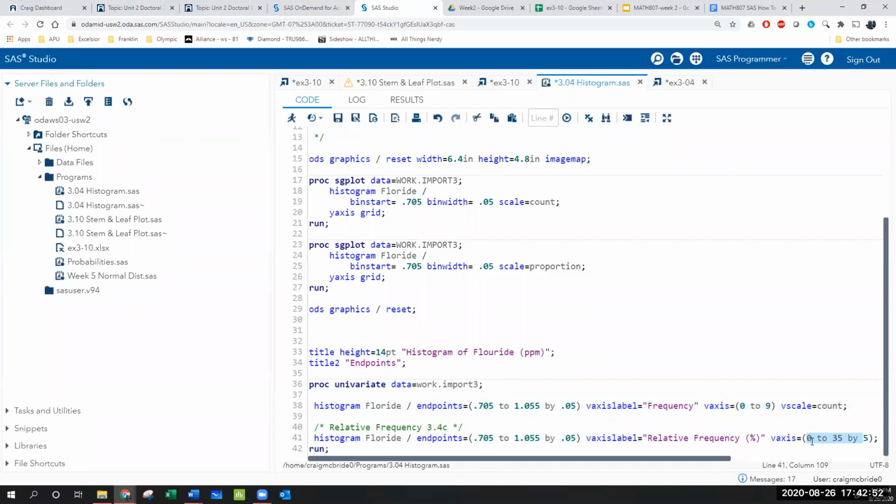I mean, the reason why she made the vertical axis go from 0 to 35 by 5 was because for this set of data, it only ranged from 0 to 35, and by 5 makes the tick marks look better rather than by ones or by tens. But if you had data that went from 0 to 100, you would say 0 to 100 by 10 probably.